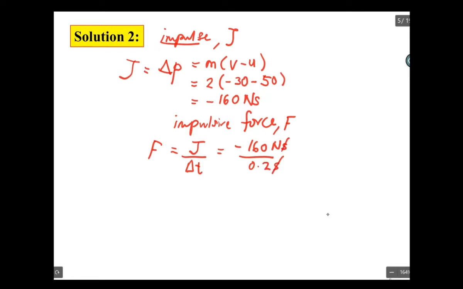So second we can cancel. You get the answer force is equal to negative 800 Newton. Okay, so negative for the impulsive force show on the ball from the wall. So means it's the impulsive force on the ball from the wall.